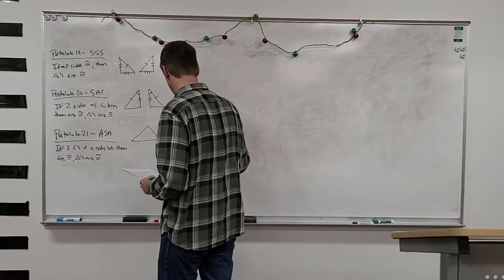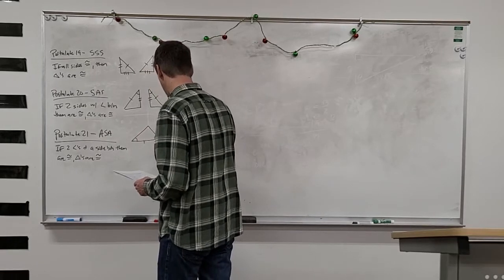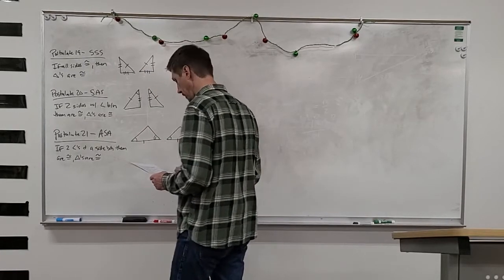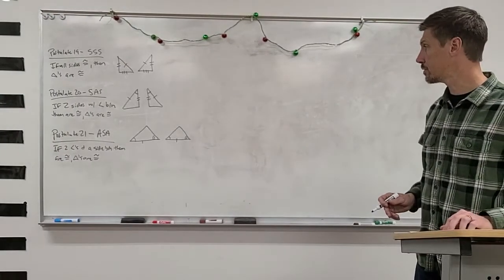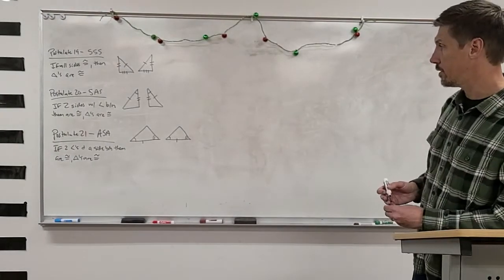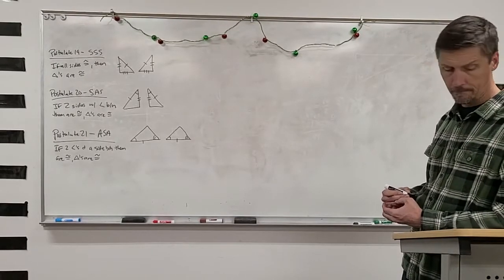Draw our triangles a little differently. So if you can prove that two angles and the side between those two angles are congruent for two separate triangles, then we know the triangles are congruent.